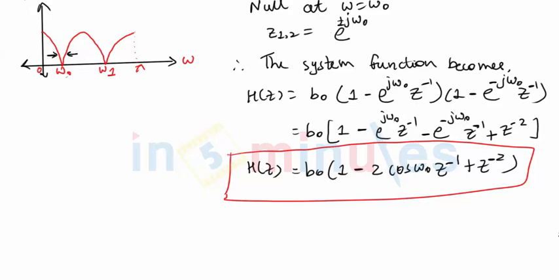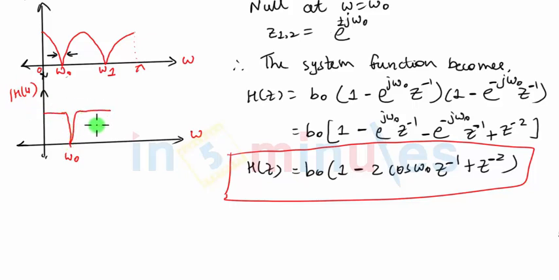Now in such a case, I'll have to go for a magnitude spectrum which looks something similar to this. So let's say I want one null at omega naught, but this time the bandwidth of the notch will be very small. In that case, the magnitude spectrum is almost constant till the time we reach omega naught, and then it suddenly goes down to 0 and then it again comes back.